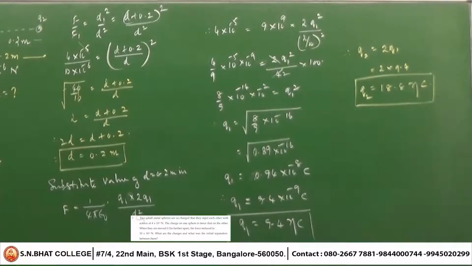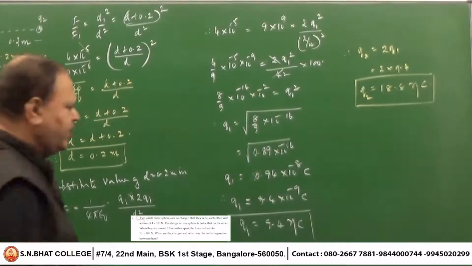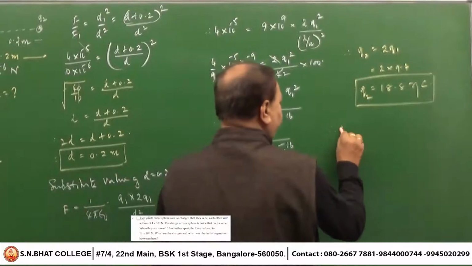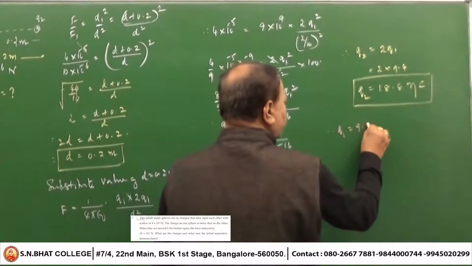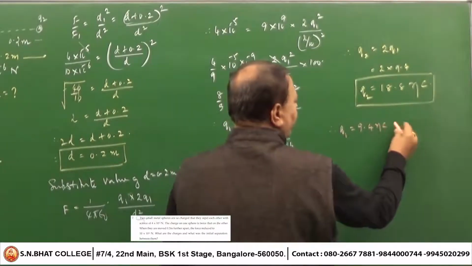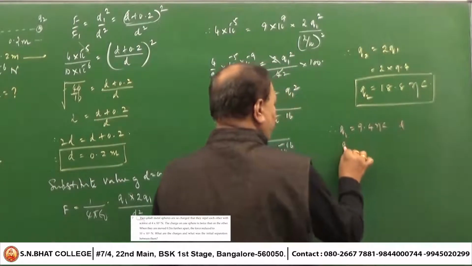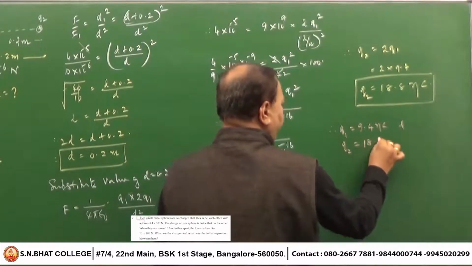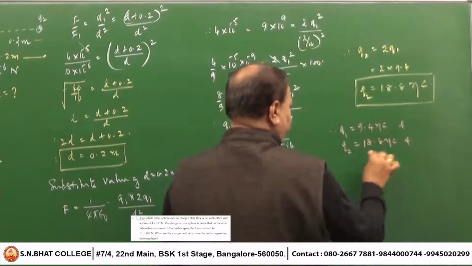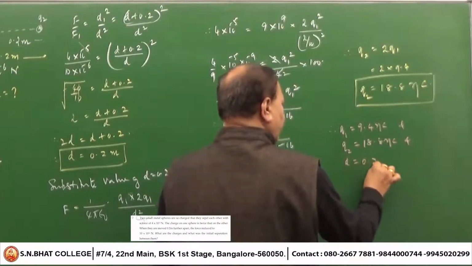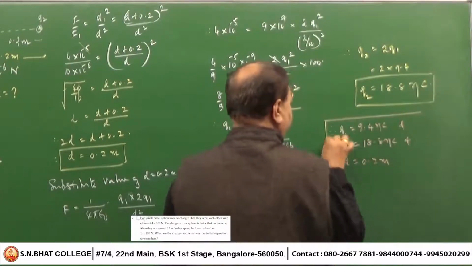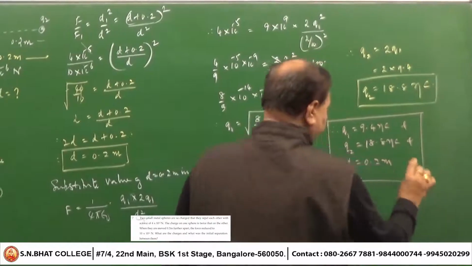He wanted the value of D. You have calculated the Q1 and Q2, and therefore you write Q1 is equal to 9.4 nanocoulomb and Q2 is equal to 18.8 nanocoulomb and D is equal to 0.2 meter. You put a box for this. This is your final answer.